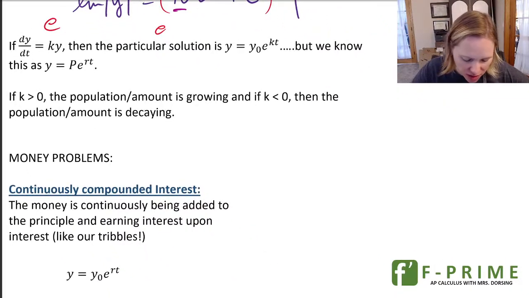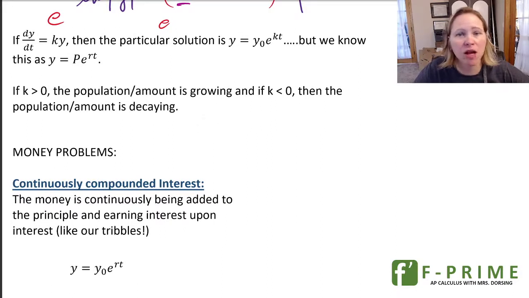So if dy dt equals k times y, so some constant times the population. In other words, if my population is doubling, it would be 2 times y. If my population is producing 10 more triples per triple, 10y. If my money in my account is tripling every time period, then it's 3y.